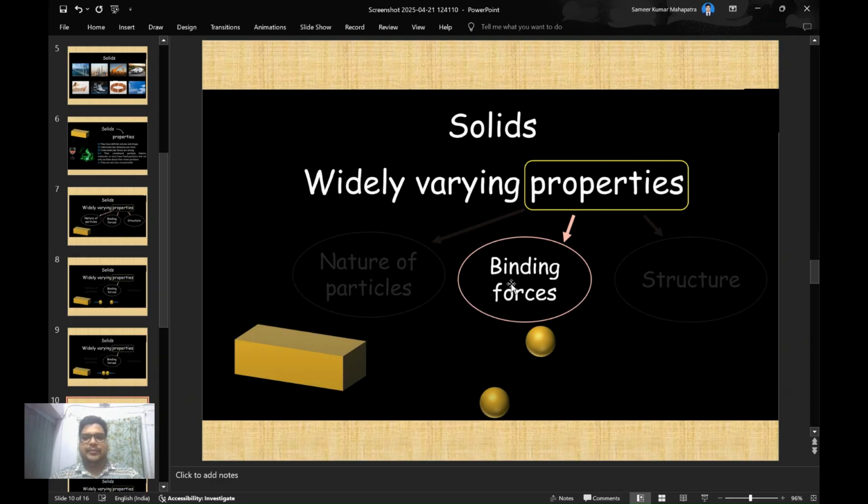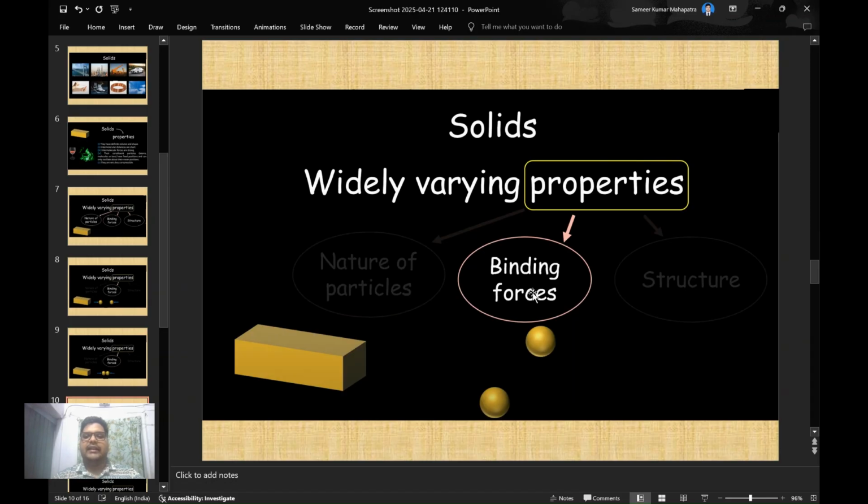So binding force and thermal energy oppose each other. If the binding force is greater than the thermal energy, then the substance is in the solid state because the particles are held together. As the thermal energy increases, the bonds break, allowing the particles to move freely and flow, resulting in the liquid state.